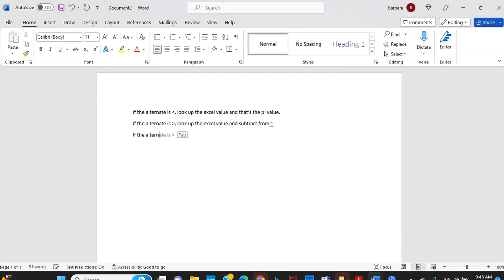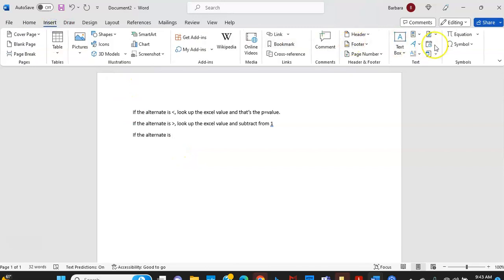If the alternate is not equal to, let's see, not equal to is not as easy for me to pull up. Here it is.